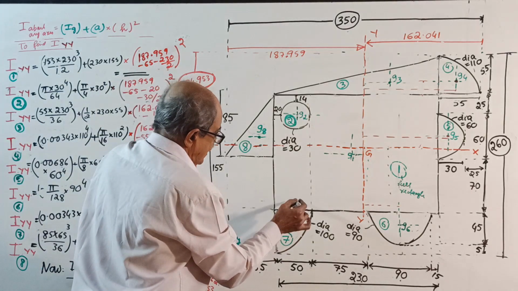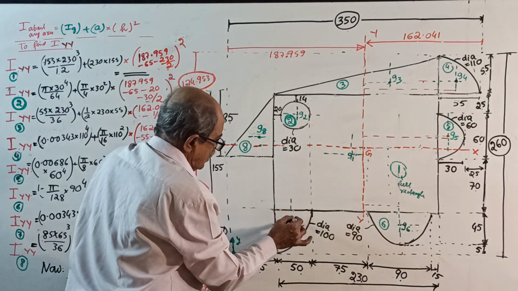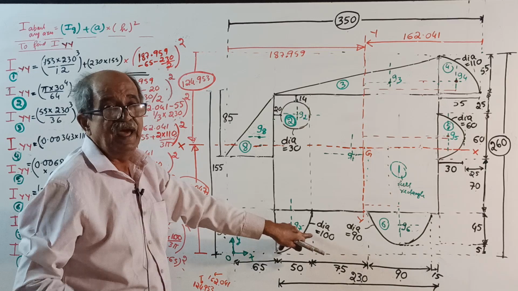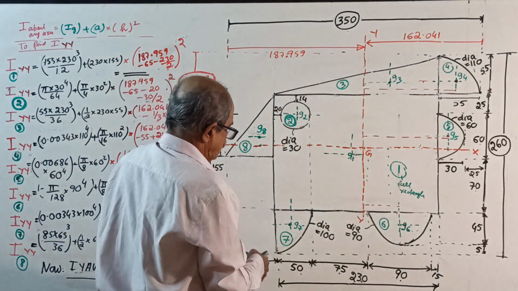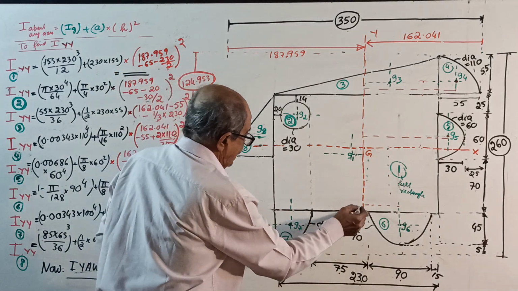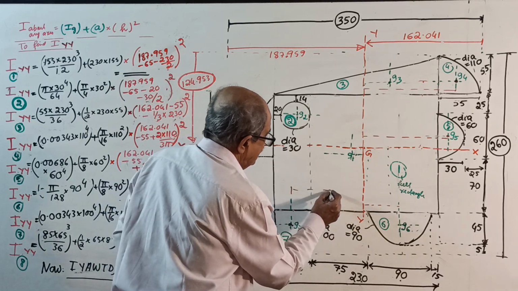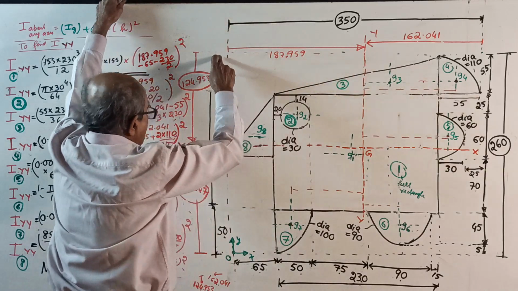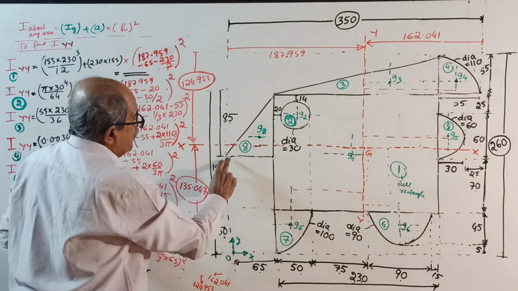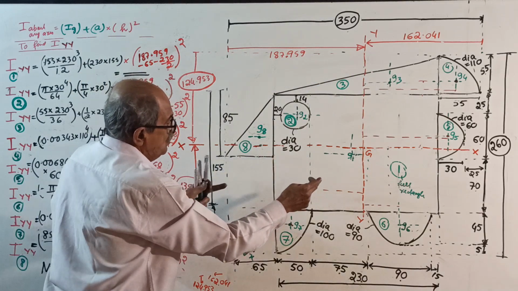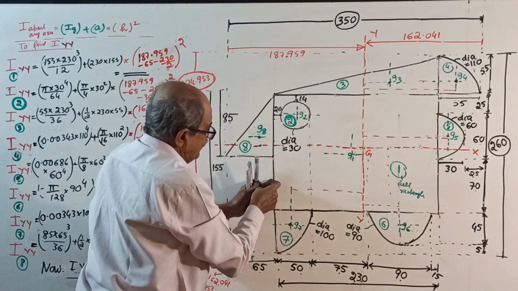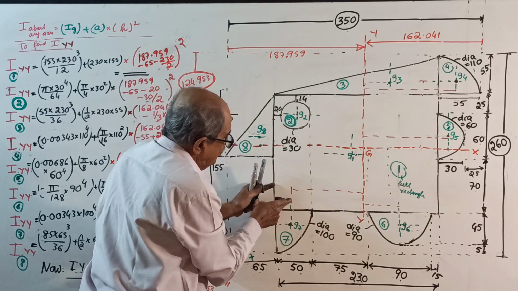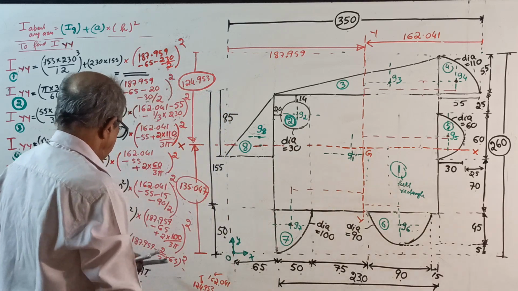Seventh one. I about its own centroidal axis. 0.00343 diameter power 4 plus area into the distance from this centroid to YY. See, this distance is 187.959 minus 65, that will give you from here up to here. Then again minus 2d by 3 pi.